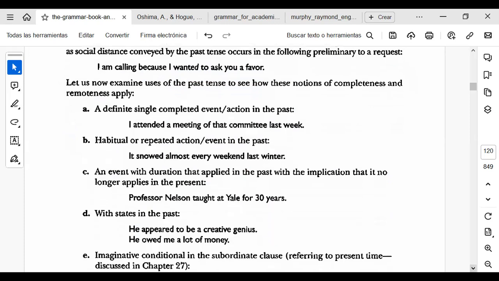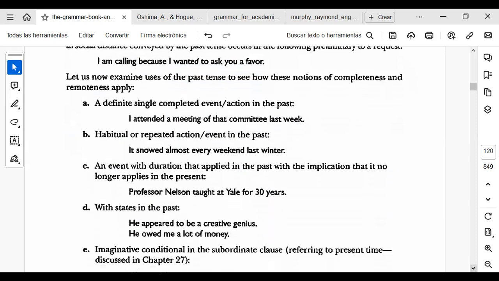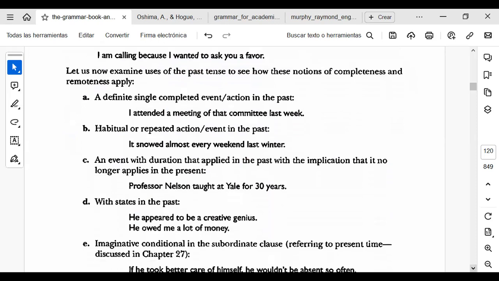Okay, let's examine uses of the past tense to see how these notions of completeness and remoteness apply. Who wants to read the sentences, please? Silvia, please. Silvia Aguilar: A. A definite single completed action or event in the past.